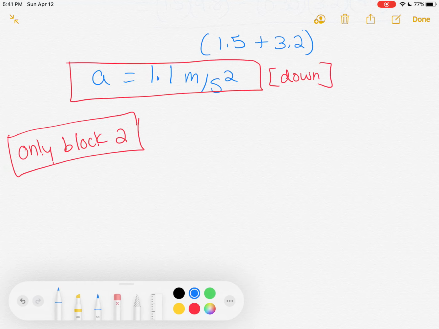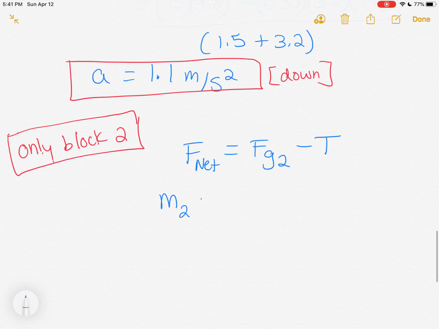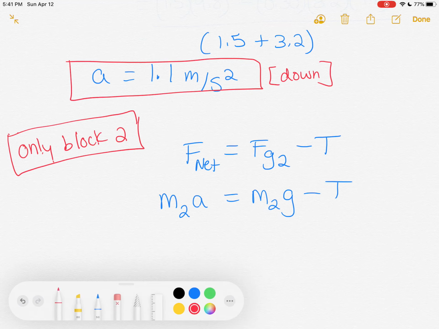So when we are looking at block 2, the net force for block 2 is our FG2 heading in the positive direction, and our tension heading in the negative direction. And so we're going to substitute our net force acting on block 2 for our mass times our acceleration.